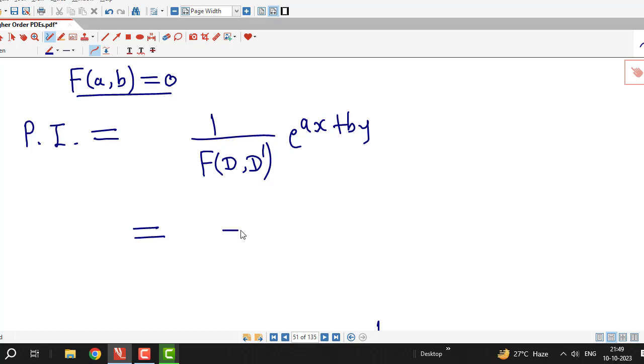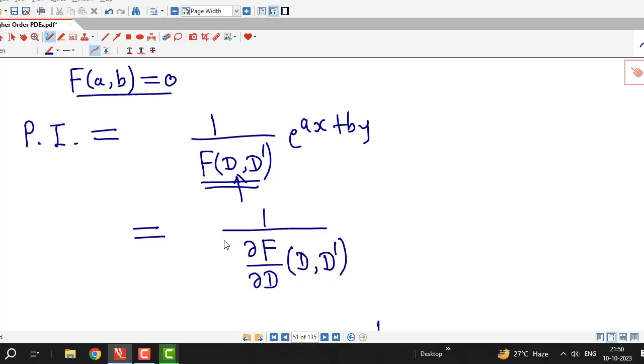In that case I have to differentiate this function F partially with respect to D, and because this is a function of D and D', this partial derivative is also a function of D and D'.